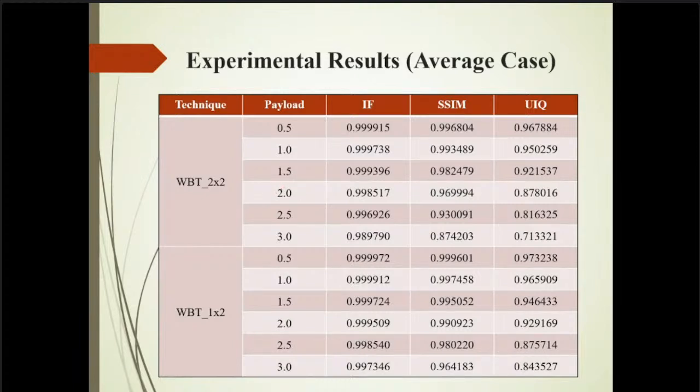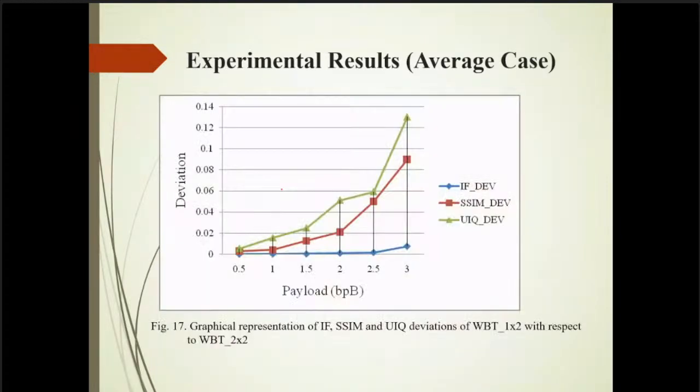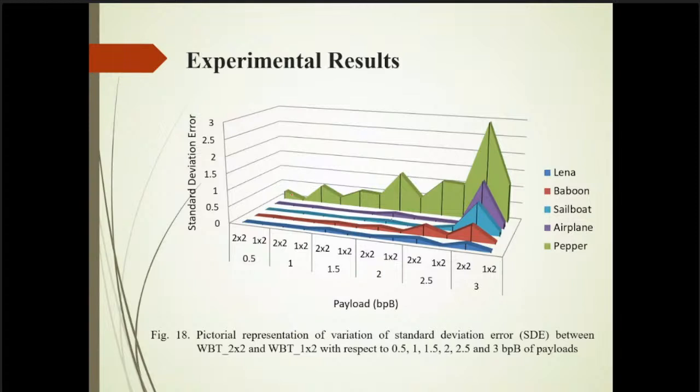Payload means bits per byte: how many bits we are perturbing out of 8 bits. And these are the metrics we are getting. Again, these are the deviations, the experimental results for the payload in terms of standard deviation. For the 2x2 window and the 1x2 window, the deviation is less for the 1x2 window.